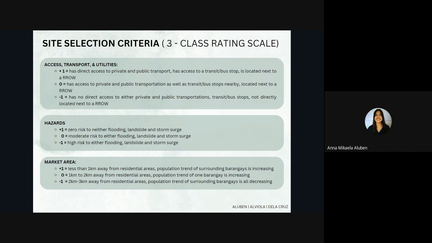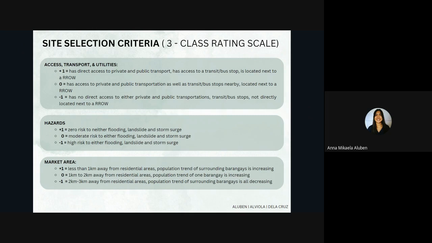For hazards, we give 1 point to those with zero risk to flooding, landslide, and storm surge, 0 points to those with moderate risk to either flooding, landslide, or storm surge, and -1 for those with high risk to all three.